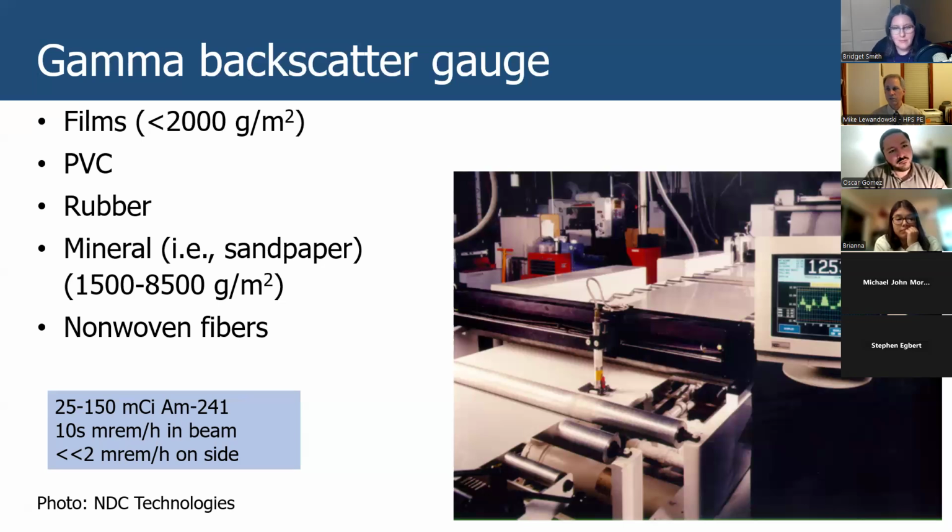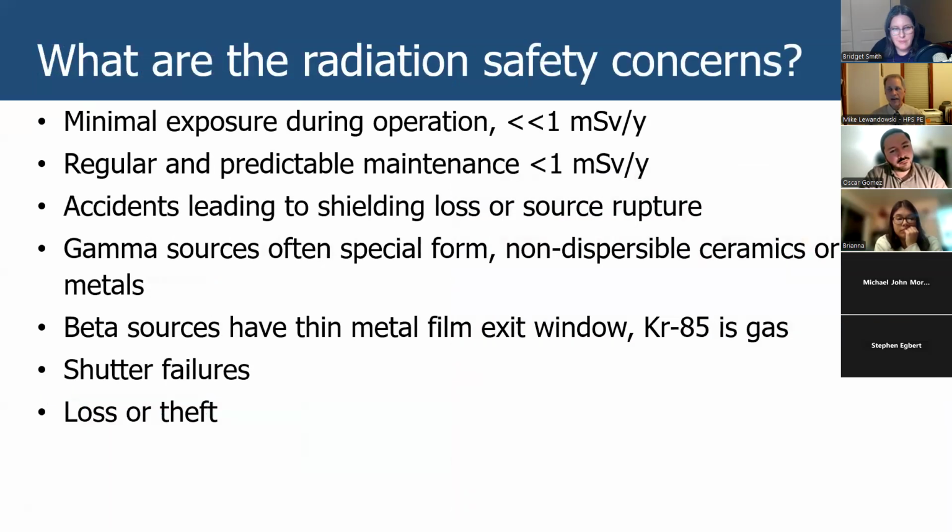So let's talk a little bit about the radiation safety concerns. During use, there is really minimal exposure to the people using these radiation gauges. So much less than a millisievert per year or 100 millirem per year, even for individuals who are doing regular and predictable maintenance. So these are folks who might be cleaning these devices, they may be doing calibrations, there may be situations where they're actually installing or relocating these devices.